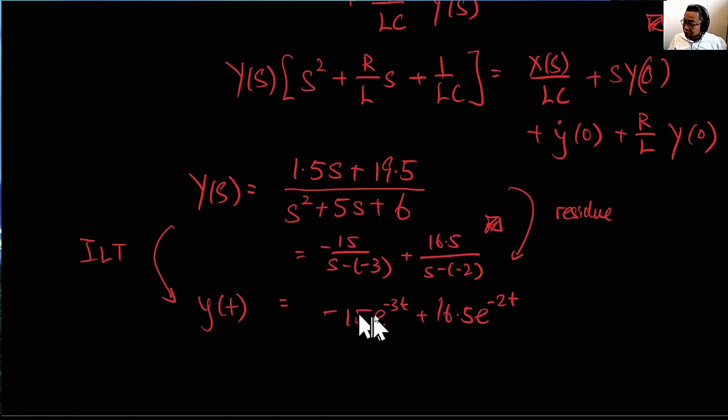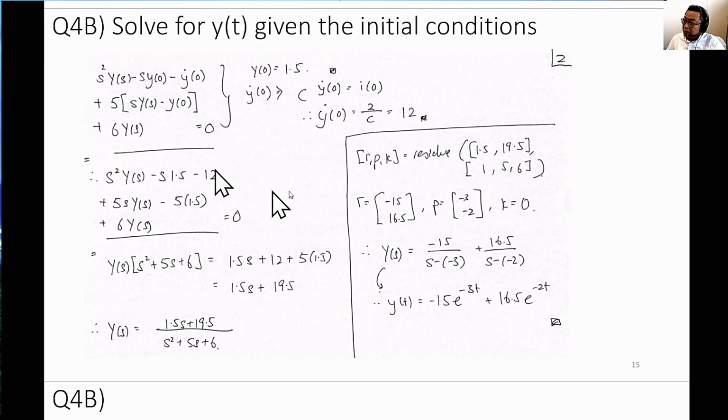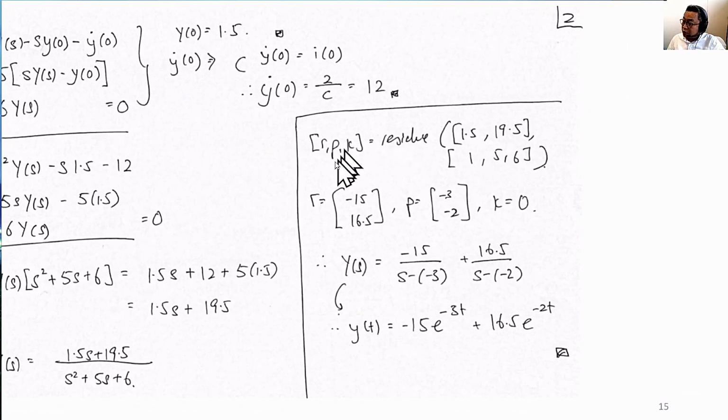So we have minus 15 e^(-3t) plus 16.5 e^(-2t). So this is the equation in time domain representing the voltage across the capacitor. This is my detailed working for you, showing you how to use MATLAB to perform the partial fraction expansion using residue and RPK expansion.